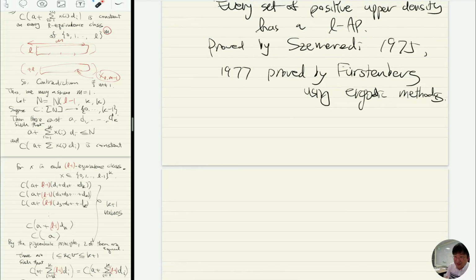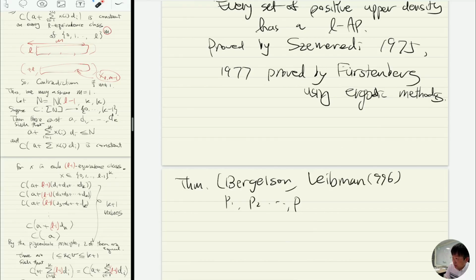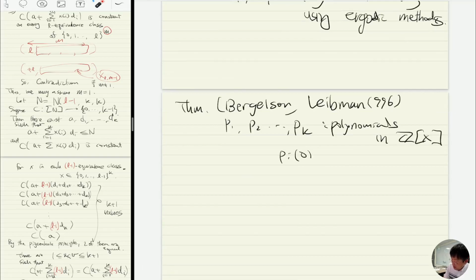And there's even a very strong theorem. Let me simply state the theorem by Bergelson and Leibman in 1996. So let's say instead of arithmetic progressions, now you have polynomials P1 through Pk with integer coefficients and zero constant terms.